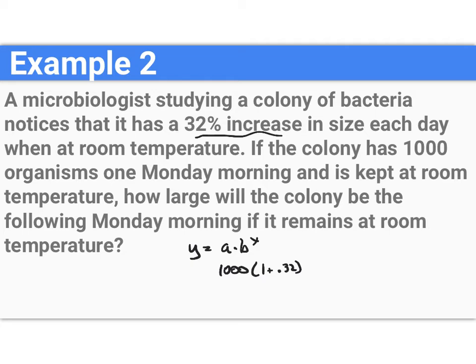Each day, and we went 7 days. So we just stick our numbers in, sticking it in just like it's written. So 1,000 bacteria will go up 6 times in 7 days.